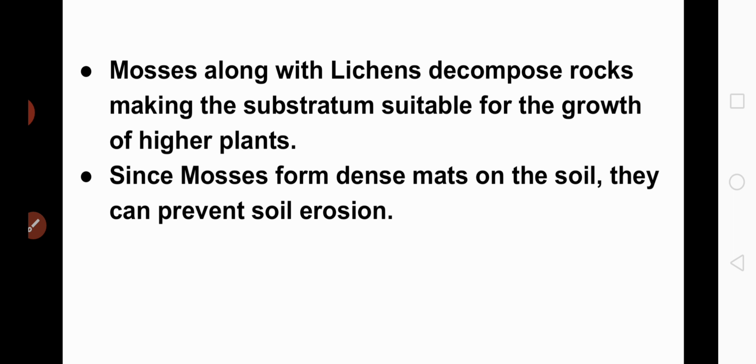They play a very important role in plant succession, and during succession, along with lichens, they decompose the rocks, making the substratum suitable for the growth of higher plants. Since mosses form dense mats on the soil, they can prevent soil erosion. So these are about the importance of bryophytes.